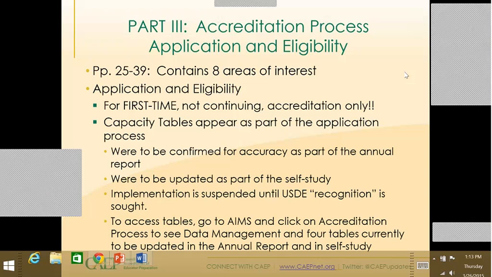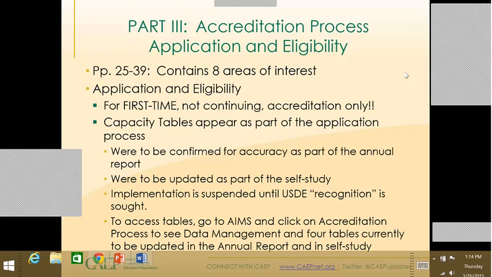Okay. So I wanted to talk a little bit about the capacity tables. There's been some confusion about the capacity tables as well. Capacity tables are related to the United States Department of Education's requirements for all accreditors that are recognized by the Department of Education. And these capacity tables are not part of our standards any longer.